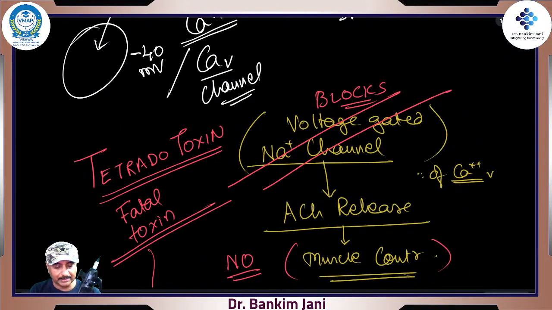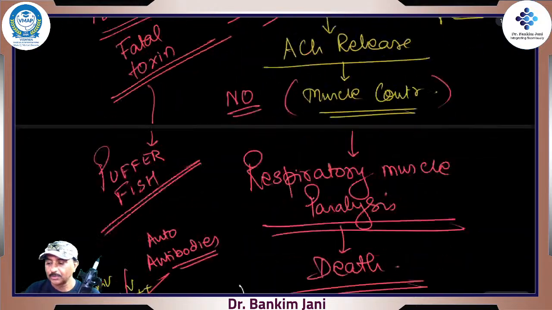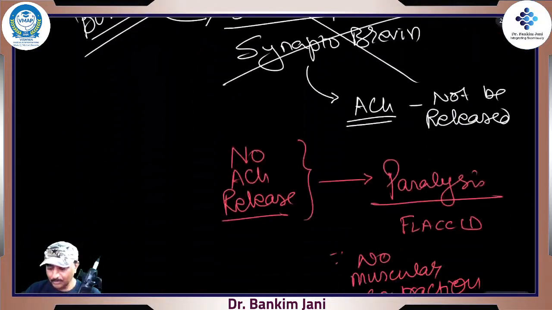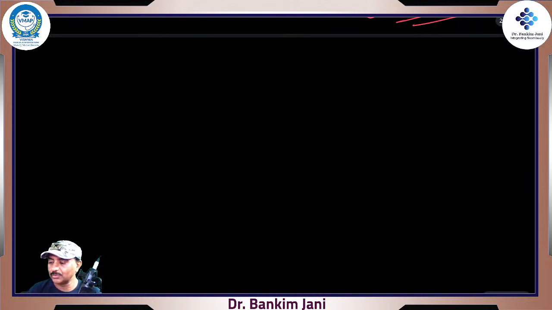Say, for example, this tetrodotoxin is affecting the respiratory muscles. So this is how everything is so amazingly interconnected. That's the importance of calcium, and along with calcium, we also learned the importance of the SNARE protein.